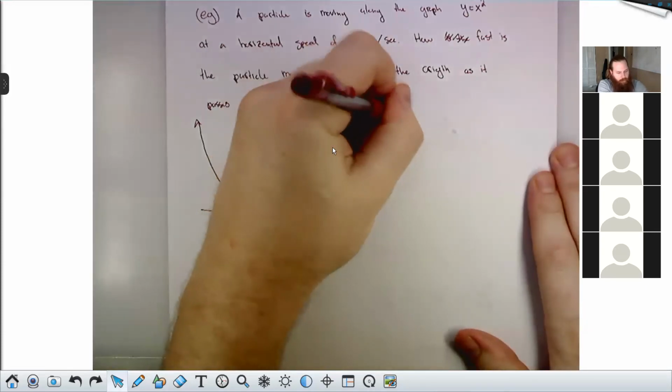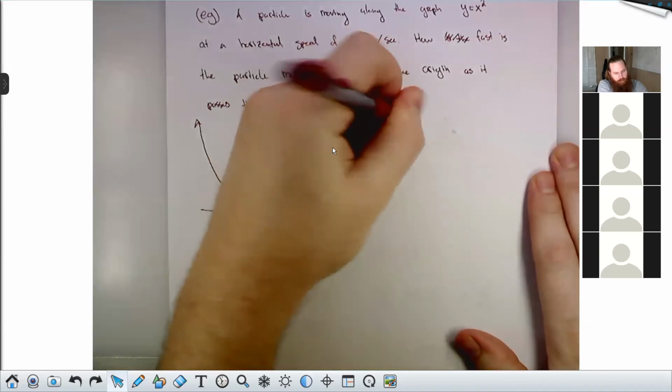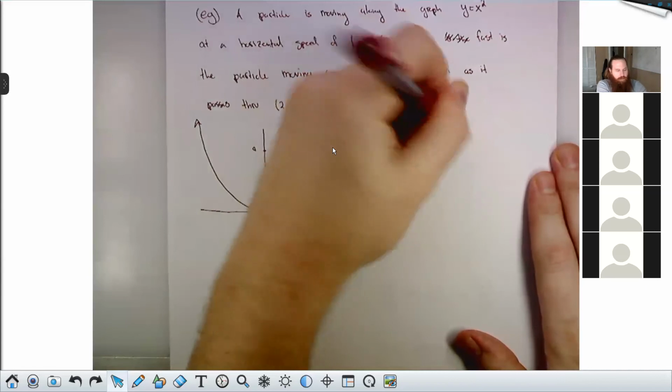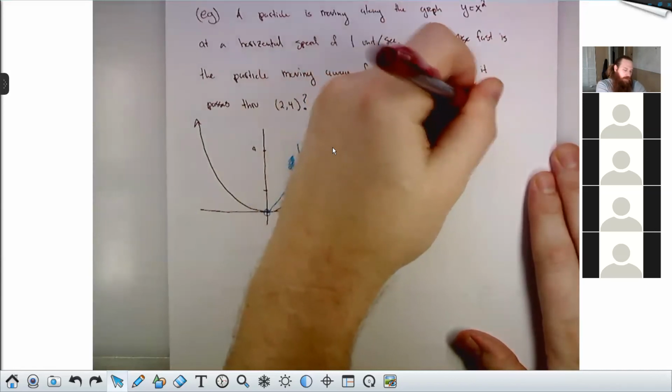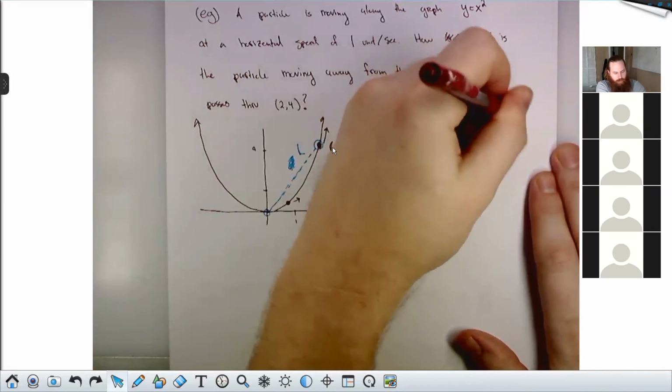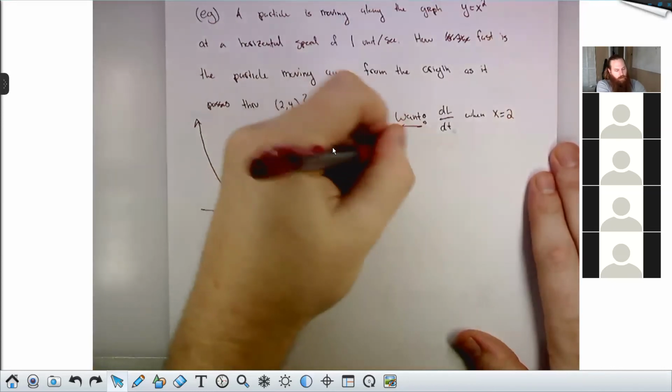What I want is dL/dt when x is equal to 2. What do I know?